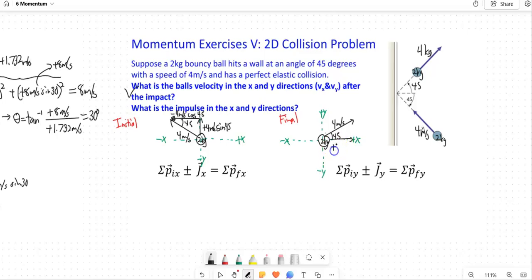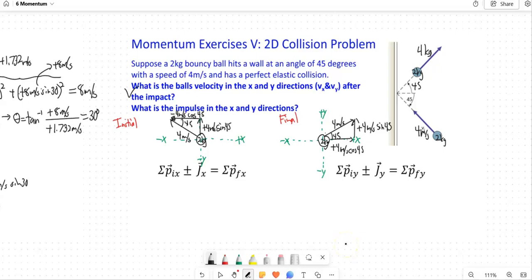So this is going to be positive 4 meters per second cosine of 45 degrees. And this is going to be positive 4 meters per second sine of 45 degrees. Okay? All right. Well, that's how it's laid out, the initial and final conditions.